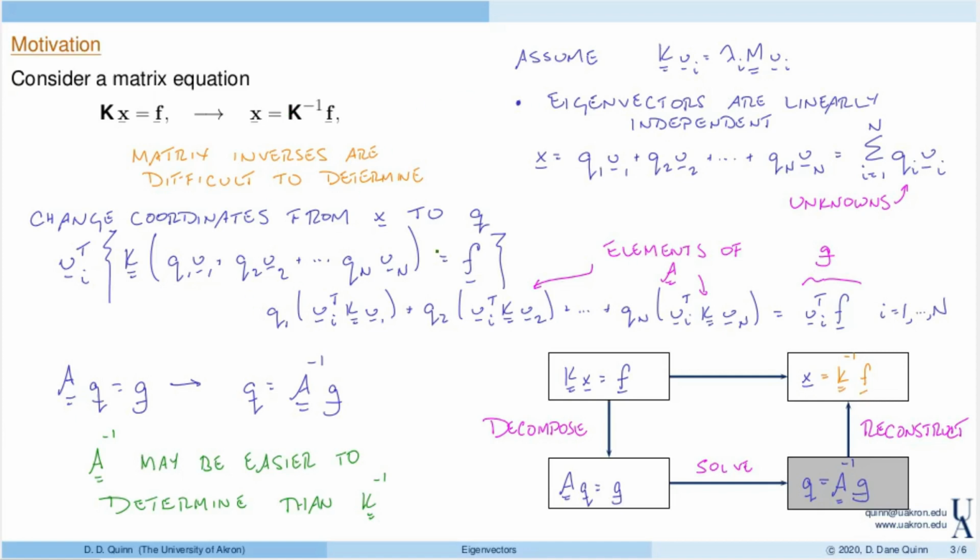But if I can do this in a clever way, and it turns out that using eigenvectors in exactly the way that we've done here is very clever, then finding A inverse is really easy. In fact, A becomes just a diagonal matrix. And so to find the inverse of a diagonal matrix, we just find the reciprocal of all the elements on the diagonal.